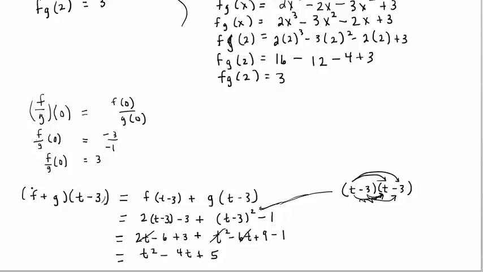Oh my goodness, I just saw another mistake too. I am so sorry. Look back here. When I distributed the 2, I got 2t minus 6, but then I changed that minus 3 to a plus 3. I need to fix that right now. So this is going to be minus 3, so this would become minus 9.